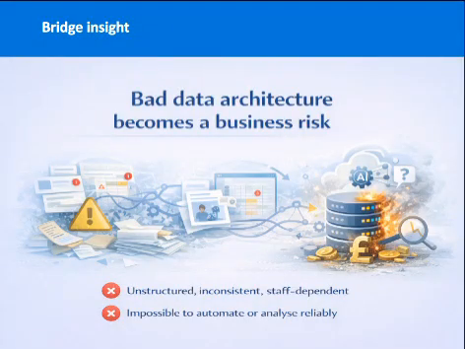But before I answer that question, I'm going to look at how this breaches the business. When data is unstructured, if you look at the slide, with inconsistency depending on individual staff habits, it becomes inefficient and it becomes risky. You can't automate reliably. You can't analyze consistently.